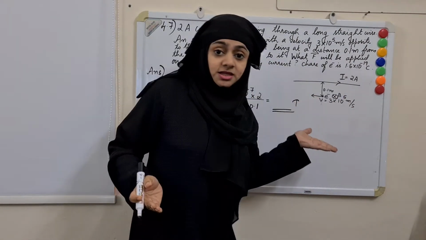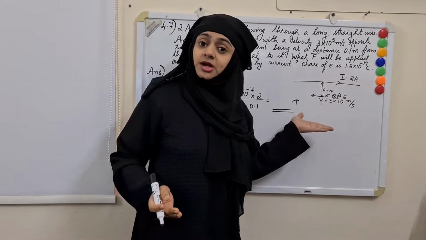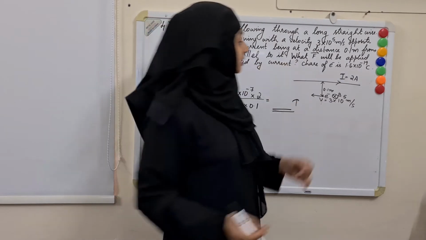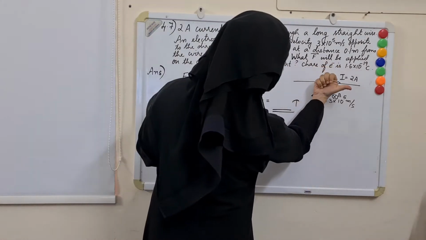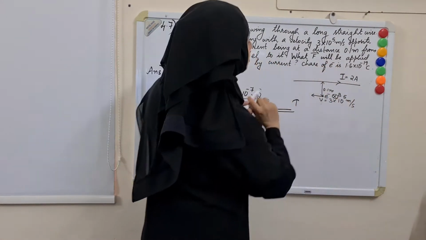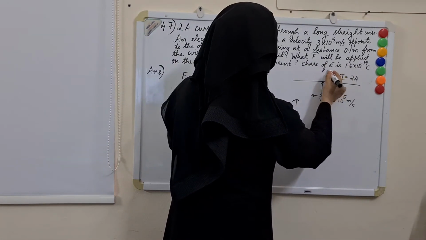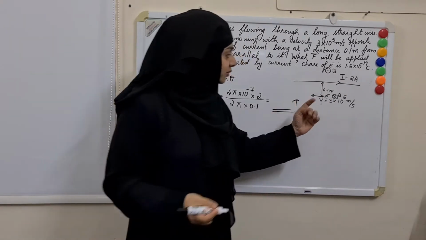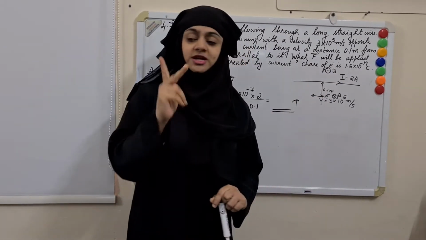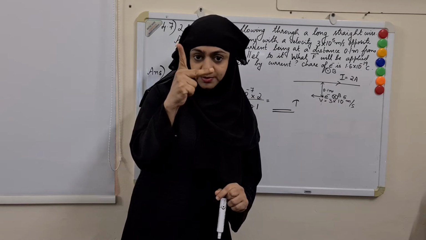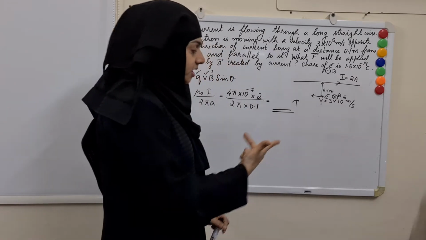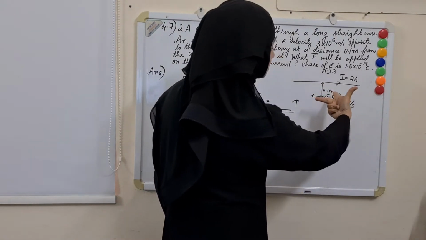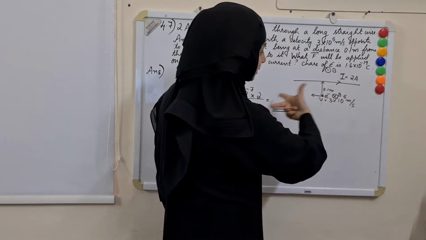Now, they didn't give the position of the electron, whether it is below the current carrying wire or above it. If it was above, then the magnetic field is coming out of this screen, so it will be in this direction. Either way, if I hold my two fingers in perpendicular directions, with the first finger in the direction of the magnetic field, the velocity of the electron is in this direction.